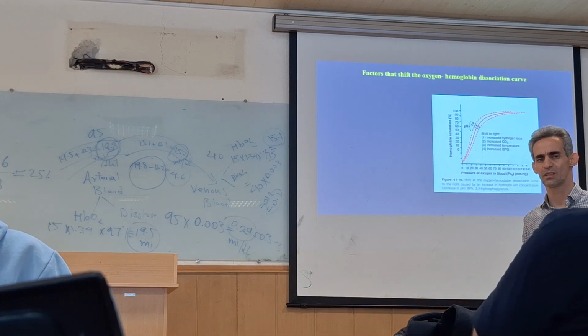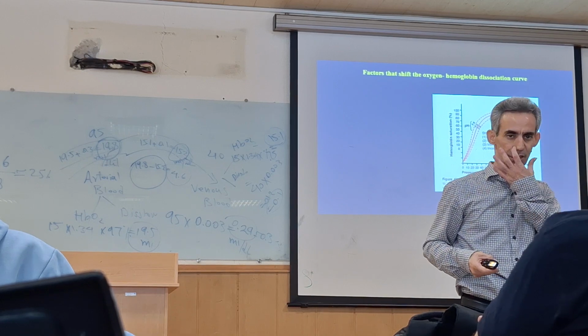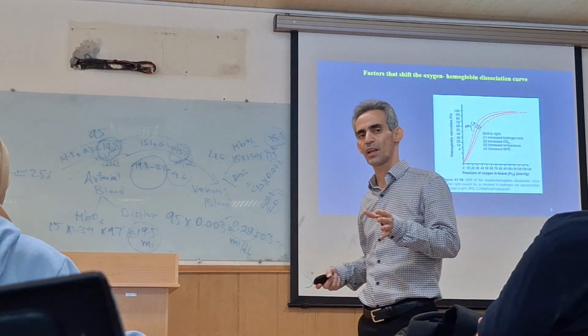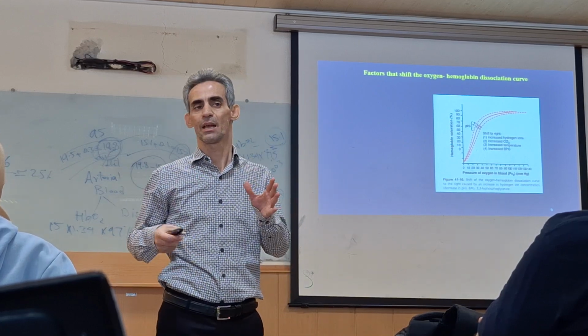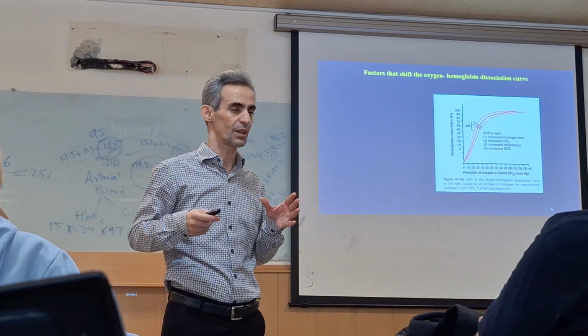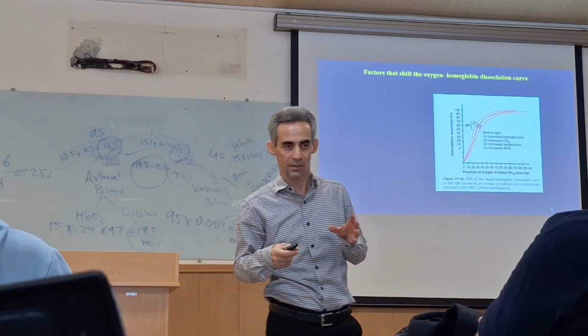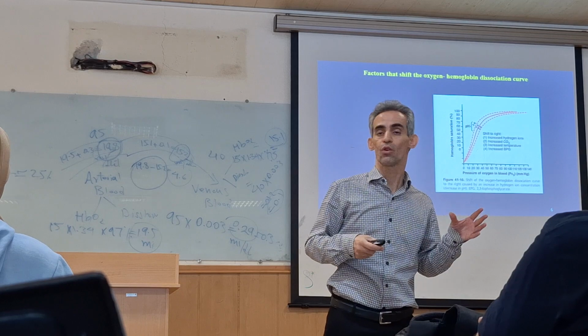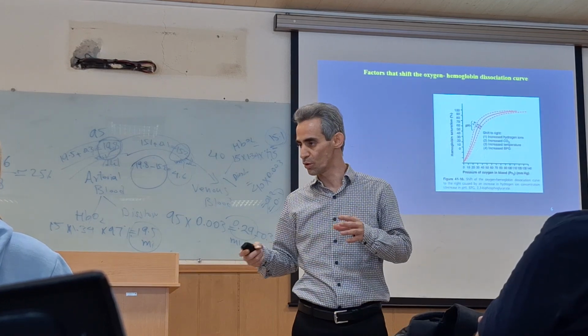Before you know the right shift and left shift, I think, okay? At first, you know that we have a specific curve for oxyhemoglobin dissociation. Oxyhemoglobin dissociation means when the oxygen wants to bind with hemoglobin or when the oxygen wants to release from oxyhemoglobin.